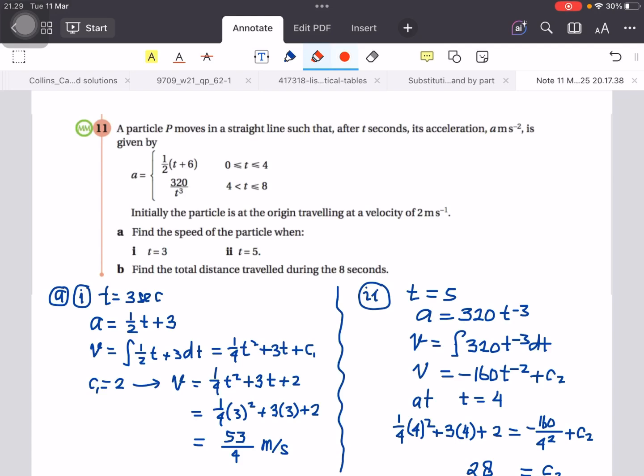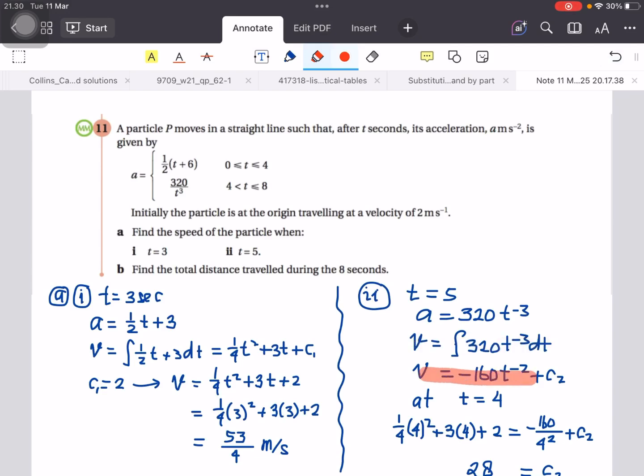And then find also the speed of the particle when t equals 5. t equals 5 is in this time interval, so we use this formula for the acceleration, 320 t to the power of -3, and then we integrate to find velocity.